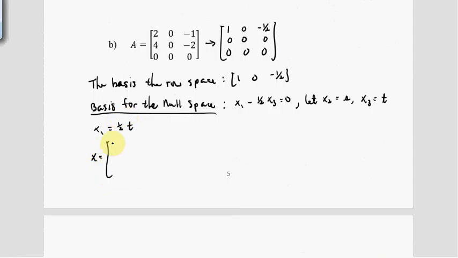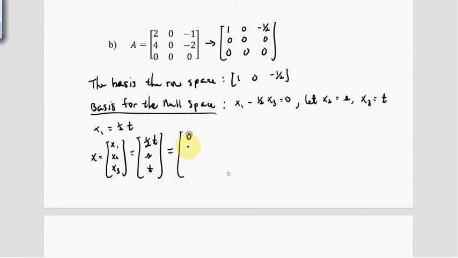So x is equal to x sub 1, x sub 2, x sub 3. X sub 1 is 1/2 t. X sub 2 is s. X sub 3 is t. We use the associative property.